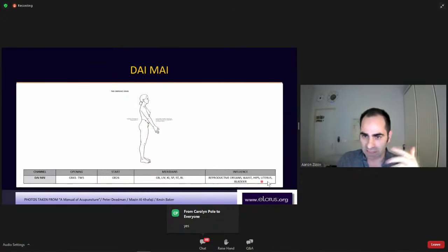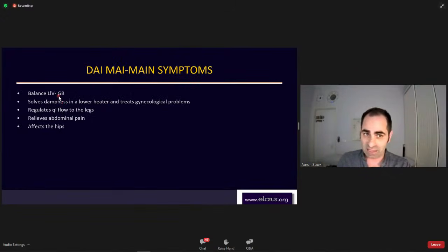Reproductive organs, waist, hips, uterus, bladder, and all the effect of balancing liver, gallbladder, because the opening point is gallbladder 41, so obviously there will be influence on that. And the wood energy, wood element, and all the heat or damp heat that might get accumulated there.